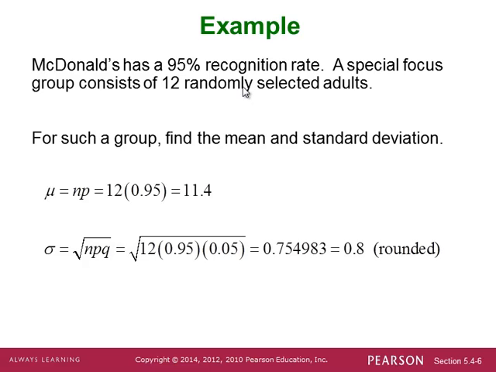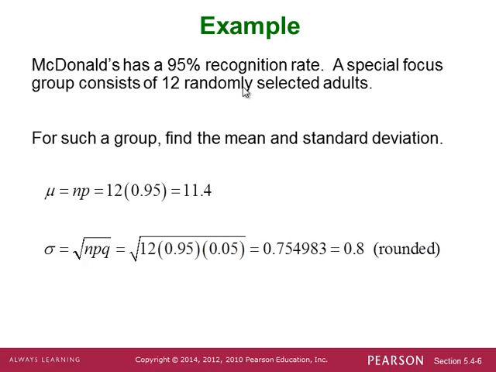Or is McDonald's a restaurant? They either recognize the name or they don't. So this is going to be a binomial experiment, because for each person they either recognize or they don't recognize. We will count a recognition as a success and a non-recognition as a failure for each individual.